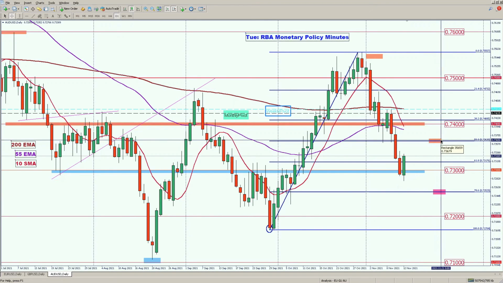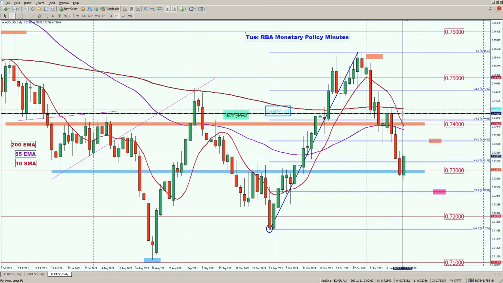All right, so this potential range is only about 100 pips compared to last week, which was slightly more, but it's a possible range for next week.